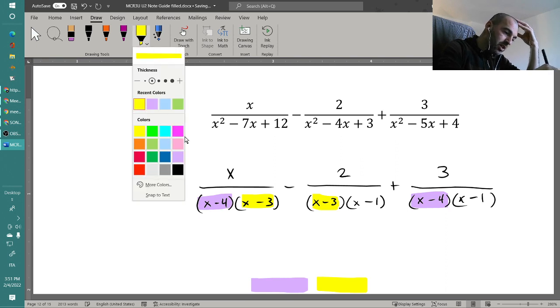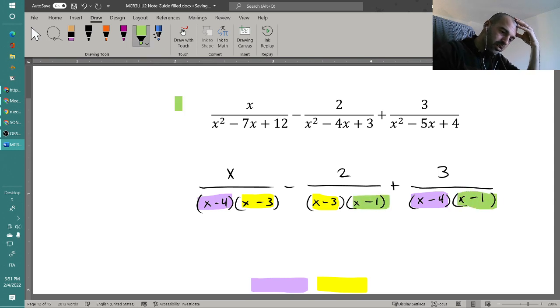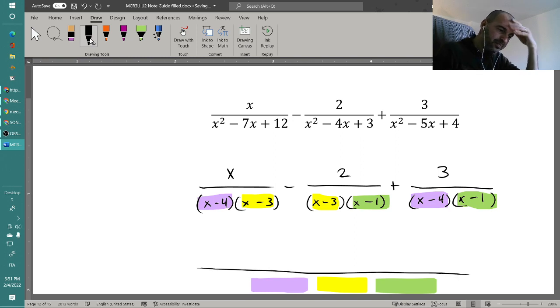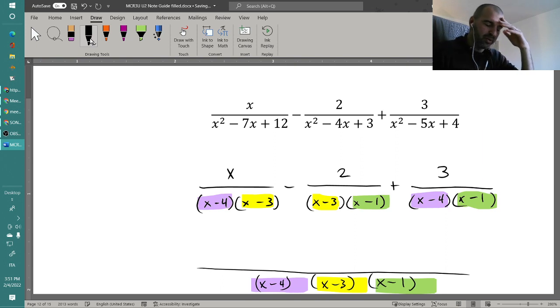And the light green factor should also get written in the new denominator. So as you can see, we've got x minus 4, x minus 3, and x minus 1, all up in the denominator there, okay?